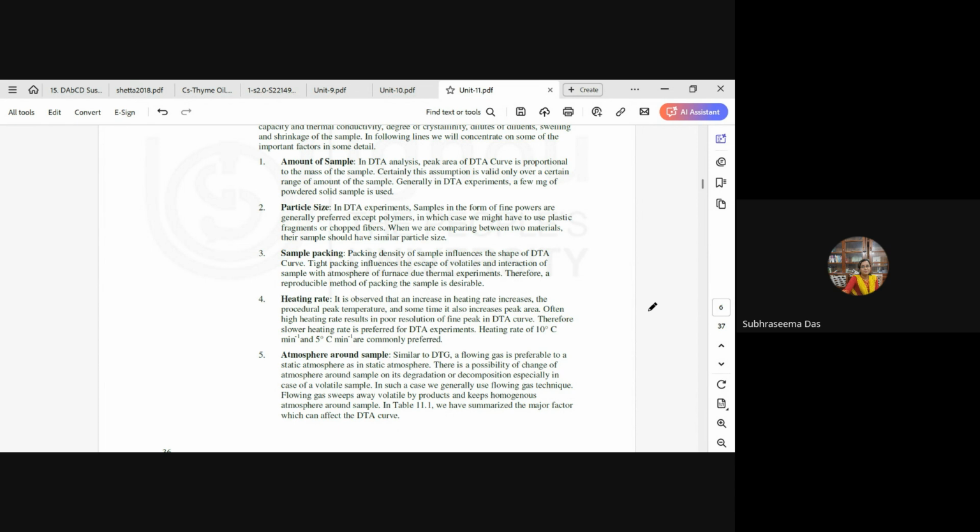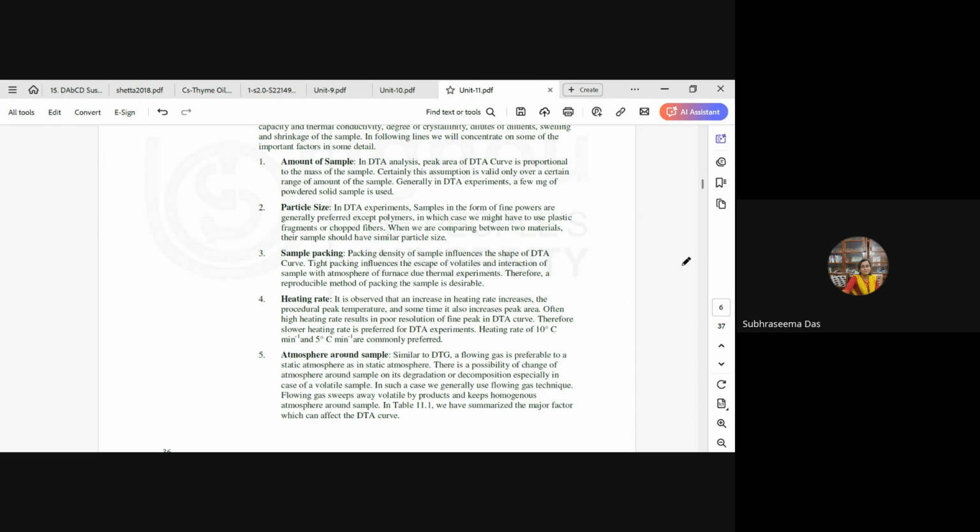So the amount of sample also influences the DTA analysis. So here the peak area of the DTA curve is proportional to the mass of the sample. The particle size also influences the DTA measurements. The sample packing also influences the DTA curves. The heating rate, that is the scanning rate, highly influences the DTA curves.